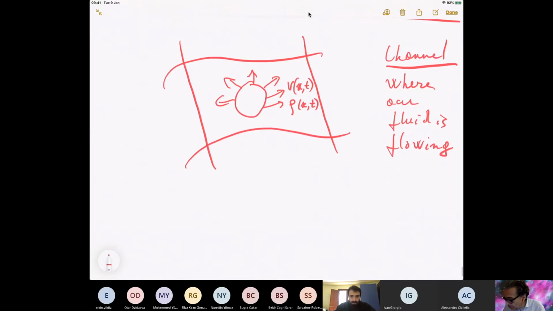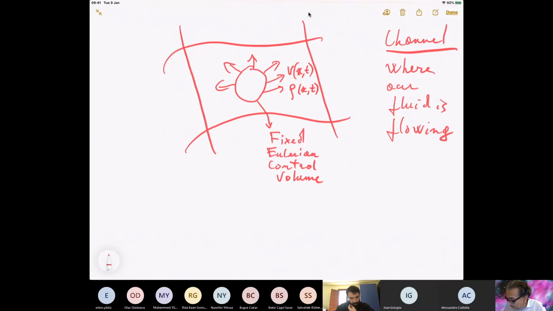So what you do, you choose what is called a fixed Eulerian control volume. You choose a volume V and you block this Eulerian volume.